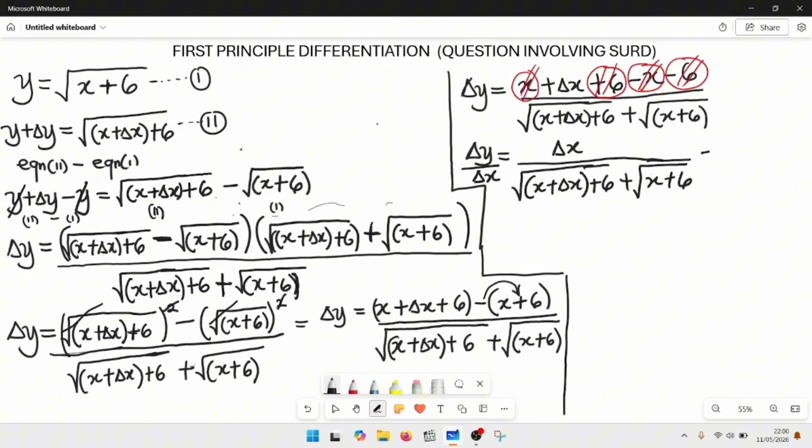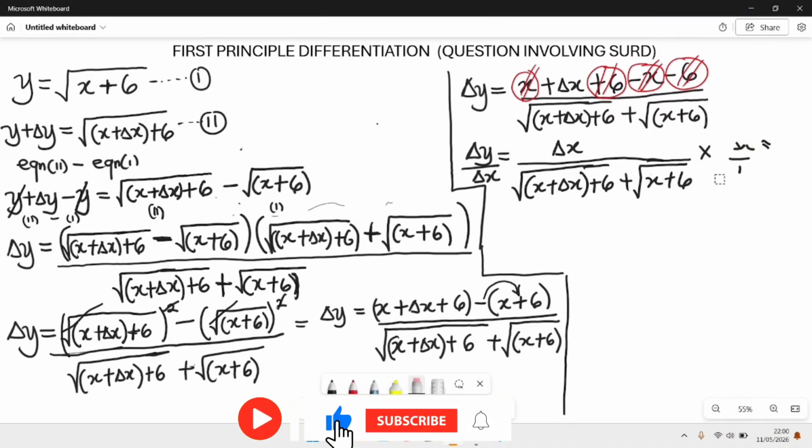Here also we divide by delta x. This is over 1. But then if we divide by delta x, this divide will change to times. If we change it to times, this guy will come up and this guy will come down. So let's just do that quickly. This guy will go up, this guy will go down, clear this part out.